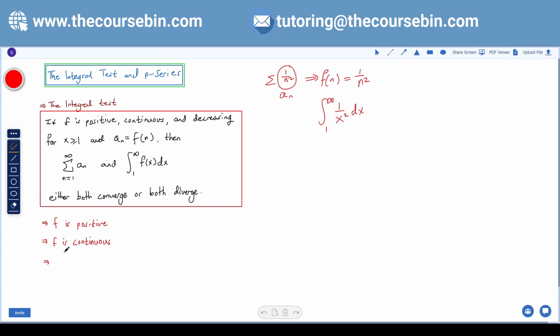And the next condition is that f is decreasing, for x greater than or equal to 1. Those are the conditions you need to check for. Whatever the a sub n is, it needs to be positive, continuous, and decreasing for x greater than or equal to 1.